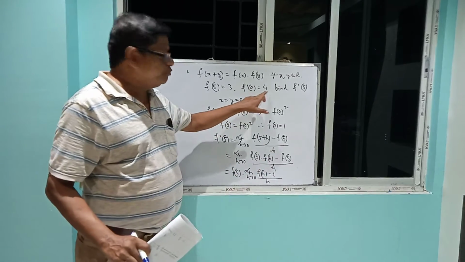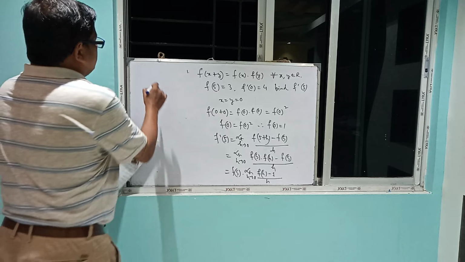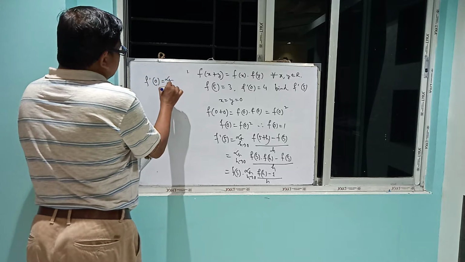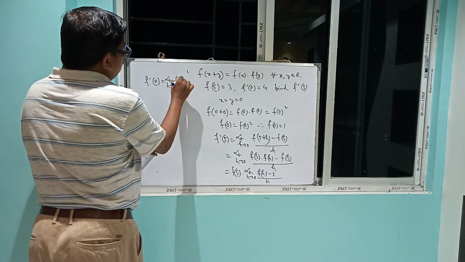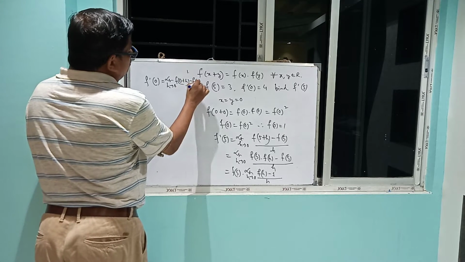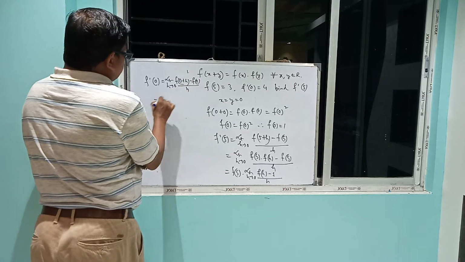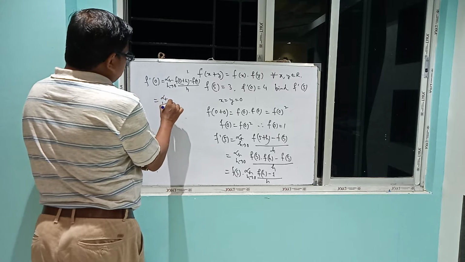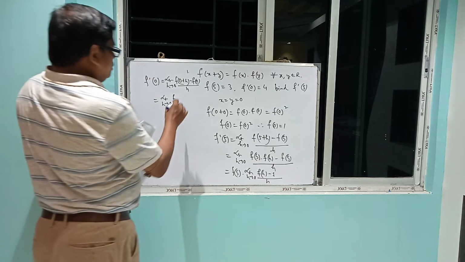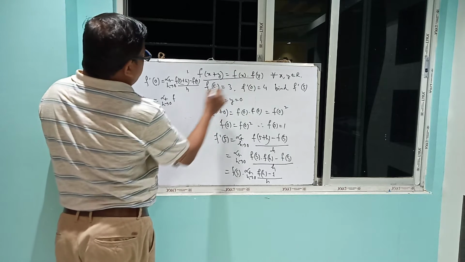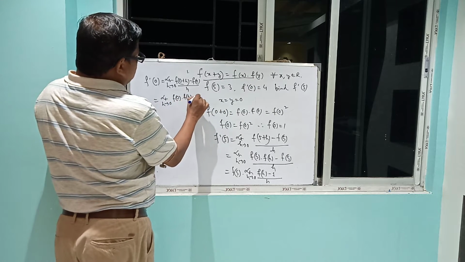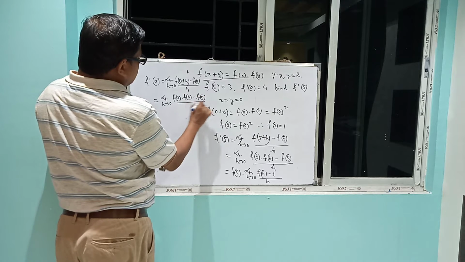See, you know f dash 0 is 4, given. So write f dash 0, you can write limit h tends to 0 f of 0 plus h minus f0 by h. So you can write limit h tends to 0 f0 plus h means f0 into f of h. So write according to this formula. Okay. So f0 into f of h minus f0 by h.